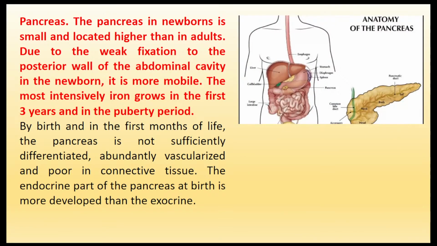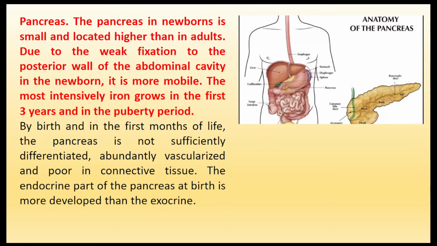Pancreas. The pancreas in a newborn is small and located higher than in an adult. Due to weak fixation to the posterior wall of the abdominal cavity, in a newborn it is more mobile. The gland grows most intensively in the first 3 years and in the puberty period.